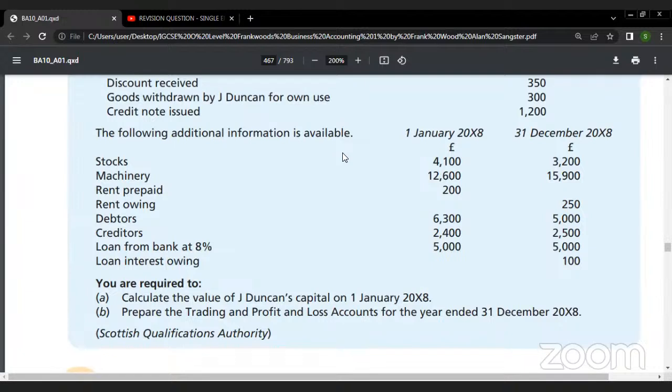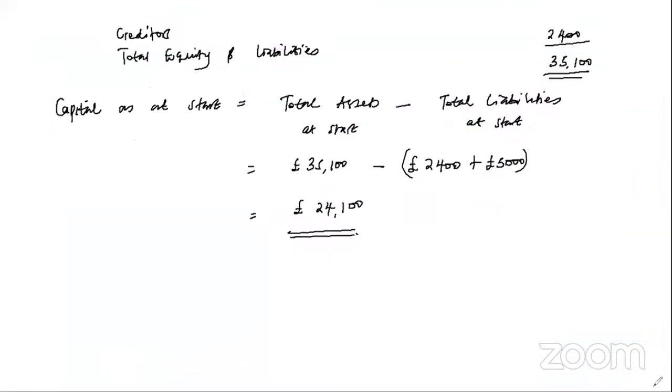Okay, let us see how we can do this. So on my next page, we want to come up with a statement of profit and loss for Duncan.